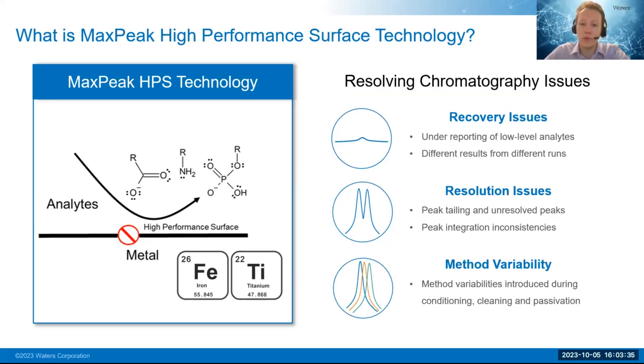So this is a hybrid organic-inorganic surface that forms a barrier between analytes containing electron-rich functional groups and metal surfaces along the flow path. So functional groups such as phosphate, amine, and carboxylate groups are known to absorb onto stainless steel components, which consequently cause recovery, resolution issues, and method variability, which can pose data quality and regulatory risks.